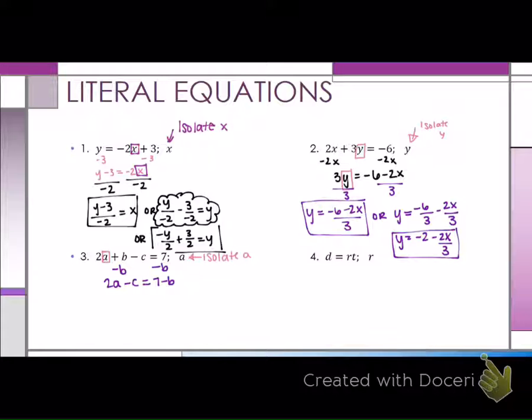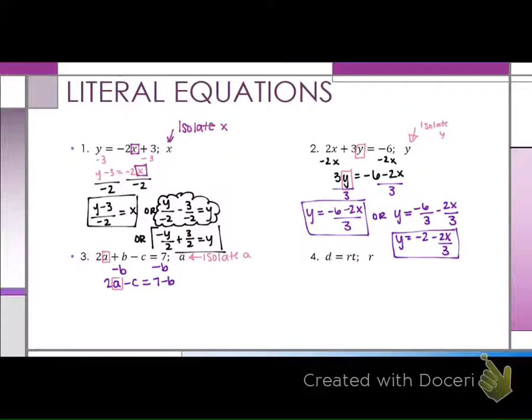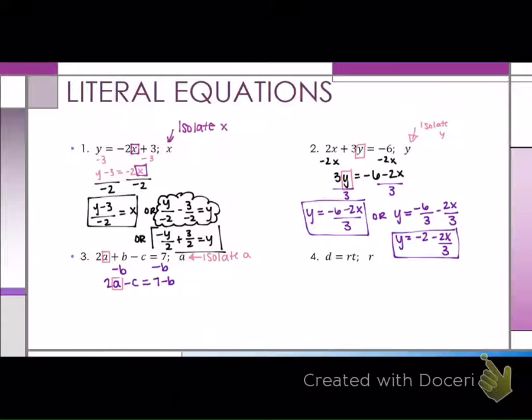Emma, we're trying to get A by itself, so then what will we do? Not yet. The C's still in the way. We can't divide by 2 yet. So what do we have to do with that C there? Can you add C to 7 or B? No, they're not like terms, so don't try to combine unlike terms. Remember, a like term has the same variable and the same exponent, and that's when you can combine them.